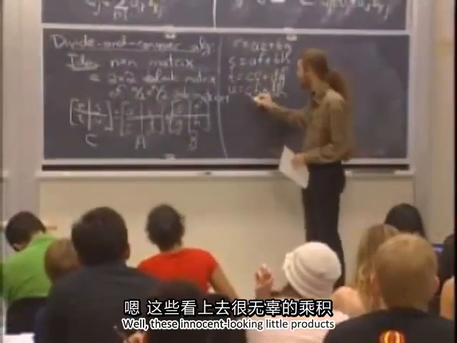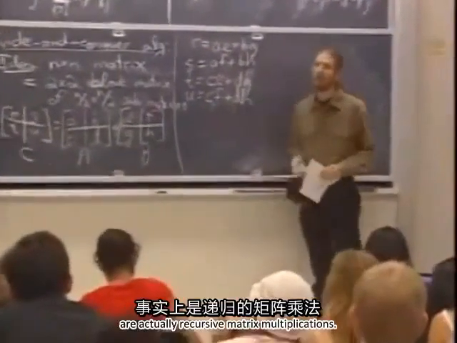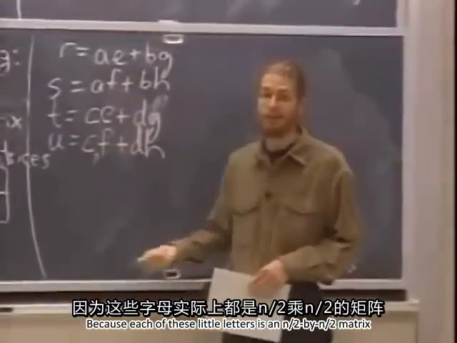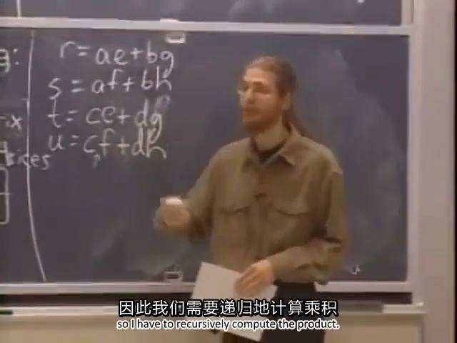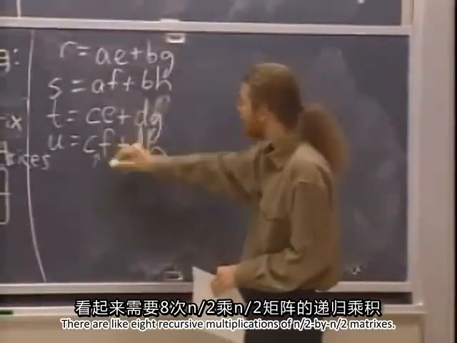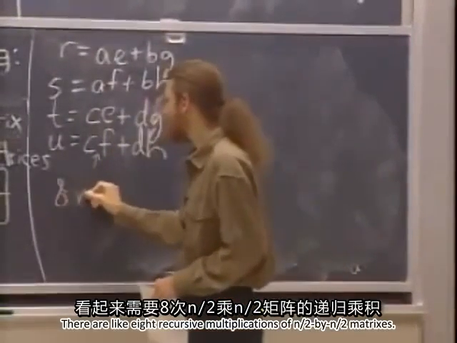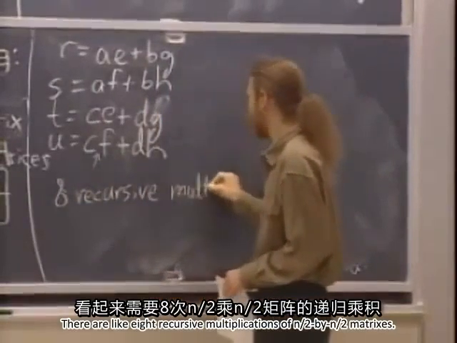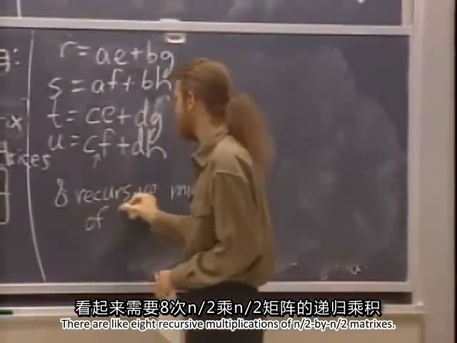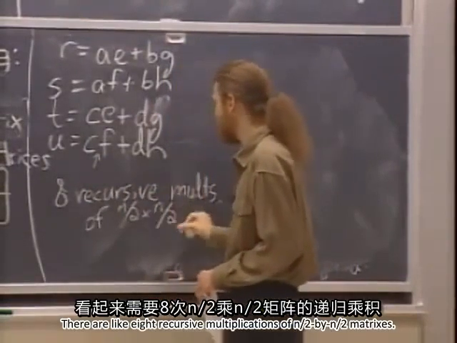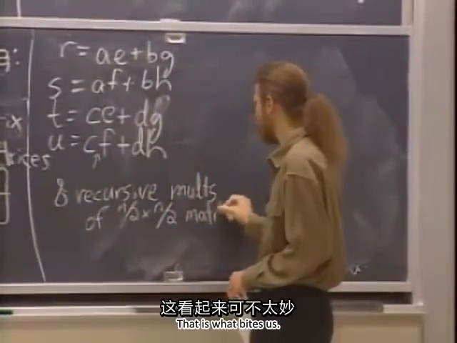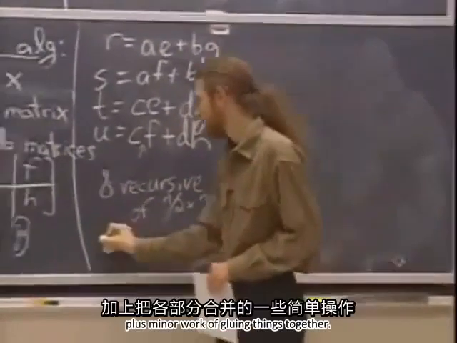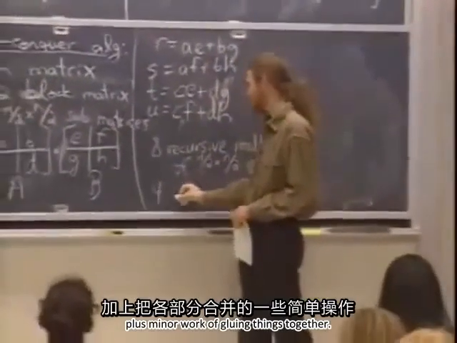Well, these innocent-looking little products between these two little letters are actually recursive matrix multiplications, because each of these letters is an n over 2 by n over 2 matrix, so I have to recursively compute the product. So there are 8 recursive multiplications of n over 2 by n over 2 matrices. That's what bites us. And then there are 4 additions, plus minor work of gluing things together.